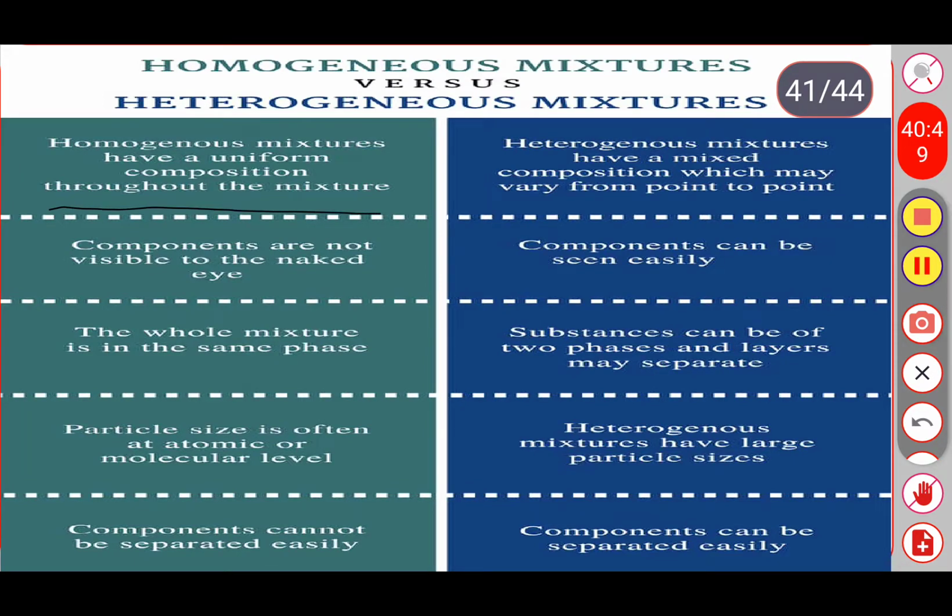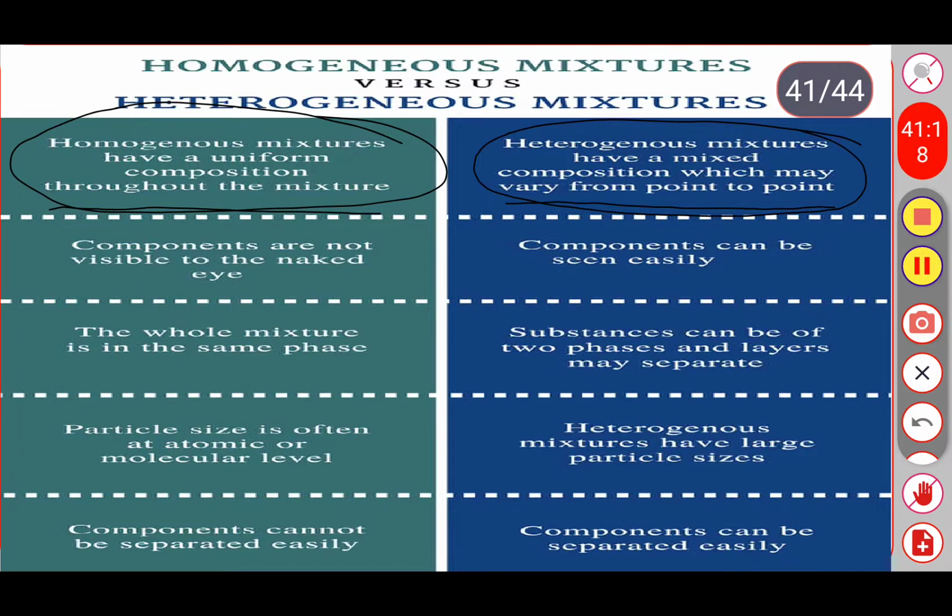It means in a homogeneous mixture we observe the same kind of composition, the same kind of particles. In a heterogeneous mixture we have different kinds of particles. A heterogeneous mixture is made up of different kinds of substances, whereas a homogeneous mixture is made up of the same kind of particles.